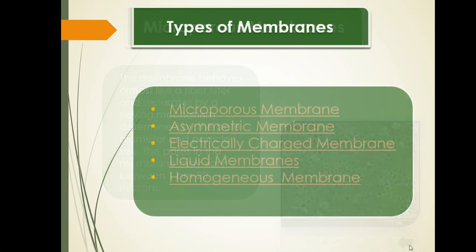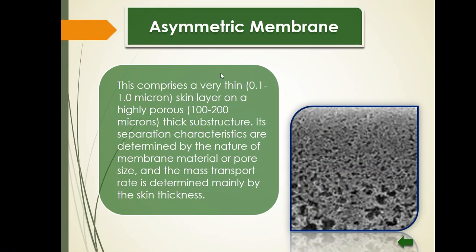The second type of membrane is the asymmetric membrane. So this comprises a very thin 0.1 to 1 micron skin layer on a highly porous 100 to 200 microns thick structure. So unlike the previous membrane, this one is inside a 100 to 200 microns thick substructure.